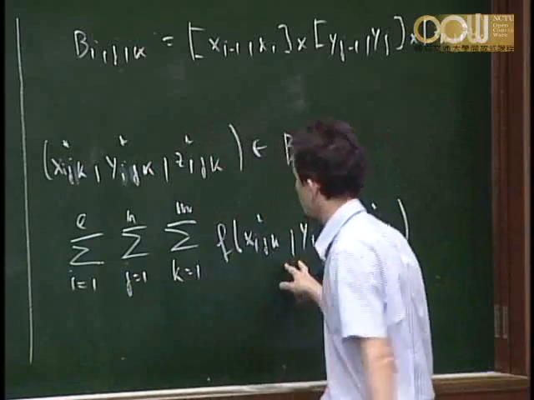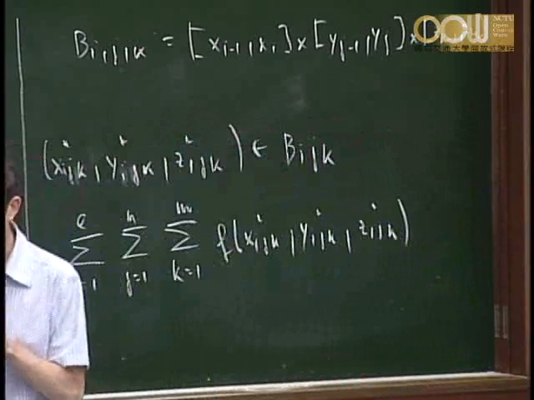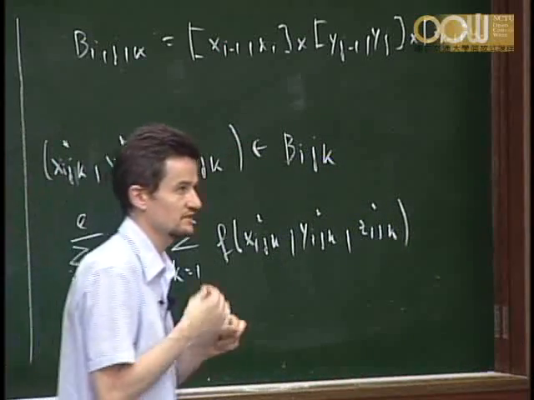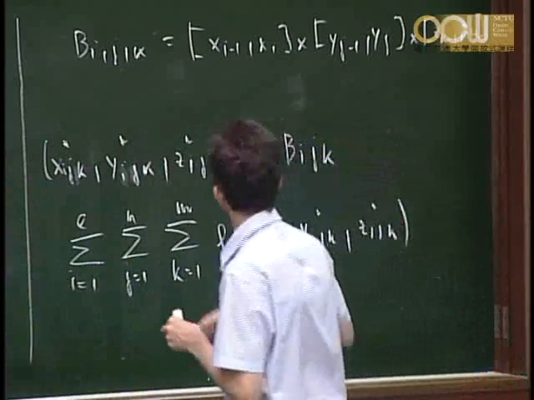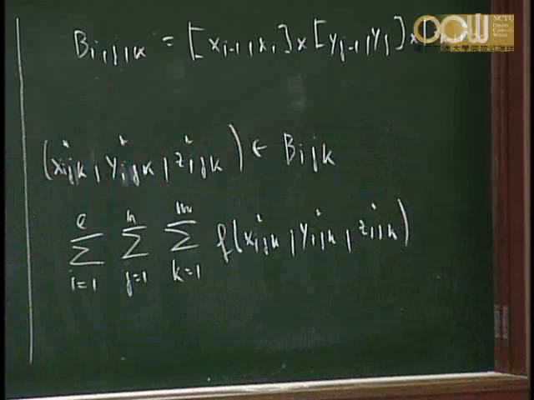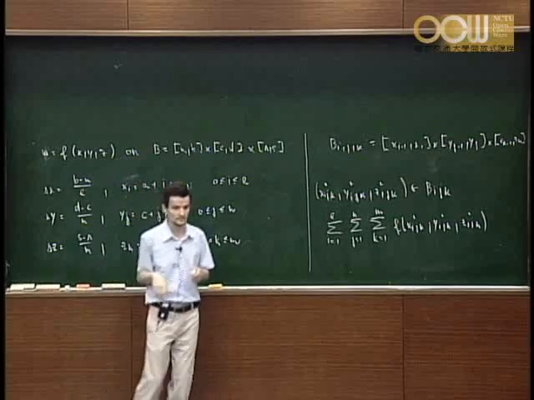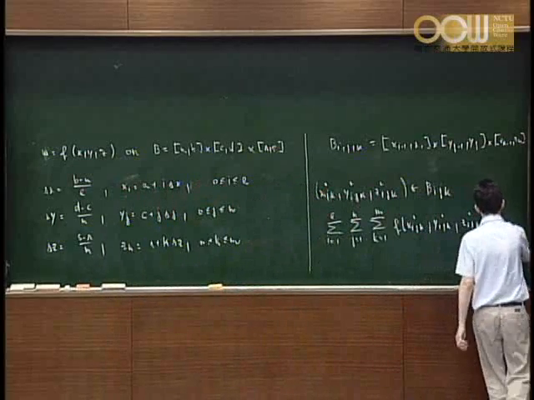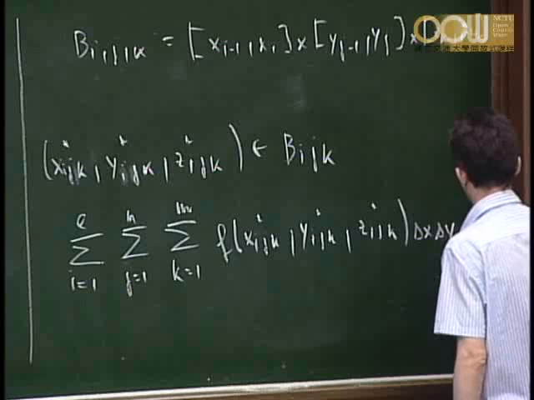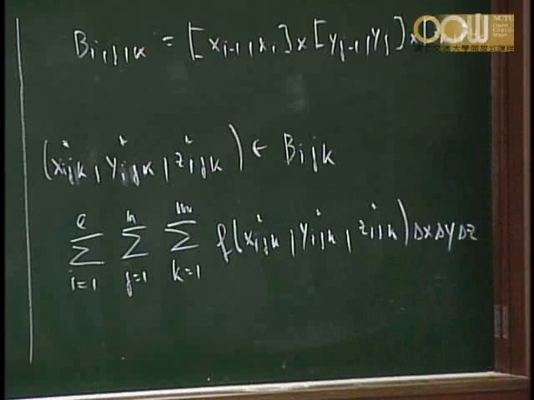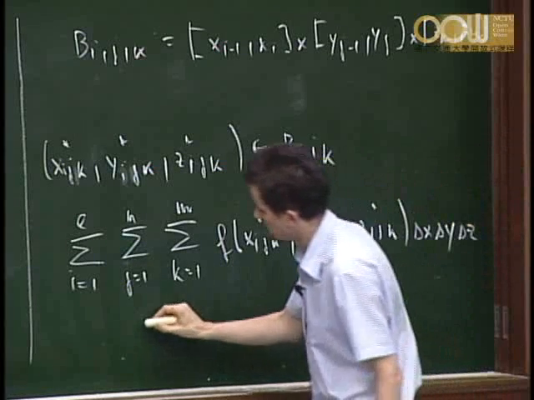So for every sub-box, we choose a sample point, we evaluate the function at the sample point, and we multiply with the volume of this sub-box. The volume is given by delta x times delta y times delta z. So this is the triple Riemann sum.